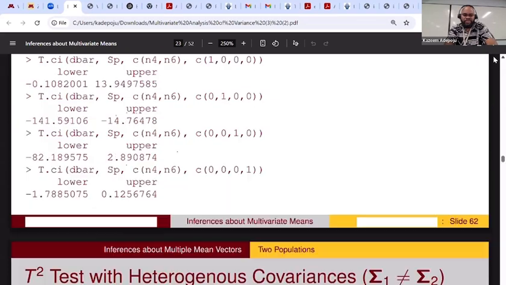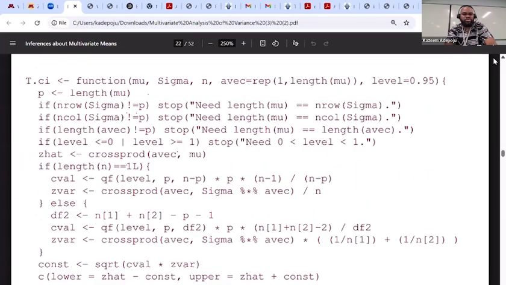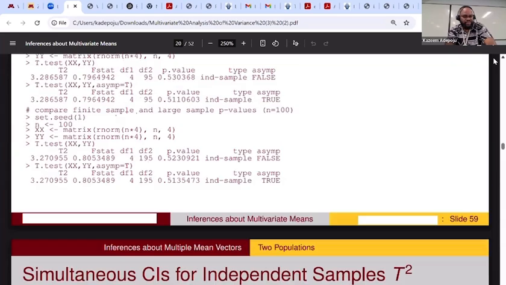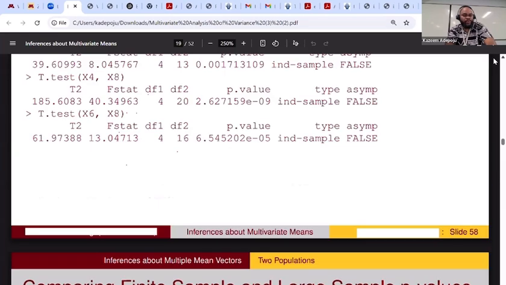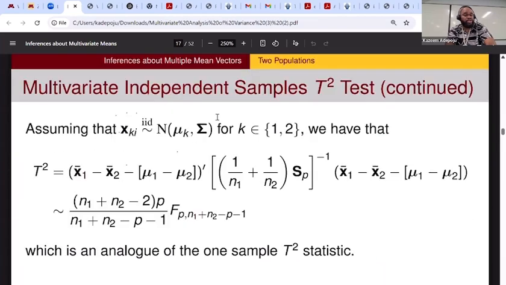The assumption here is that the two groups have the same population covariance. The two groups have the same population covariance, and that was why we pooled. Can you see that?